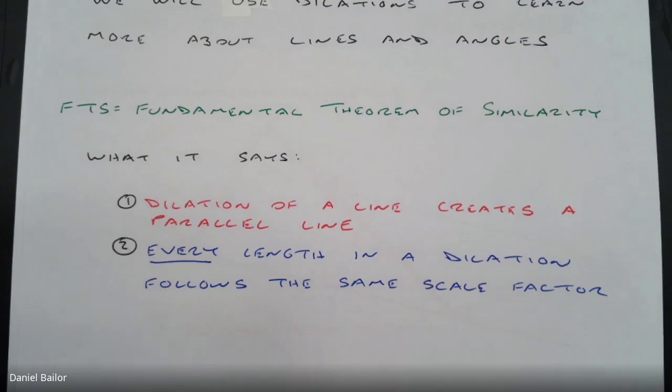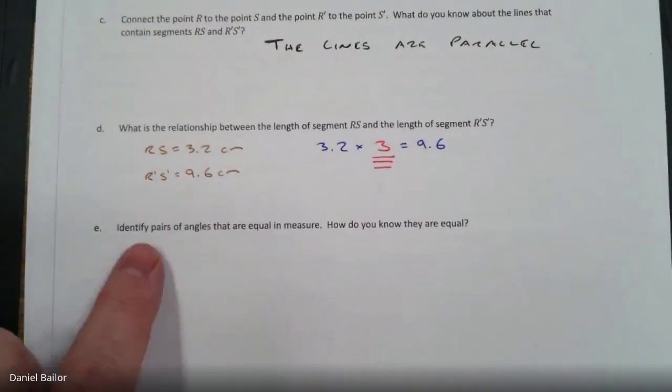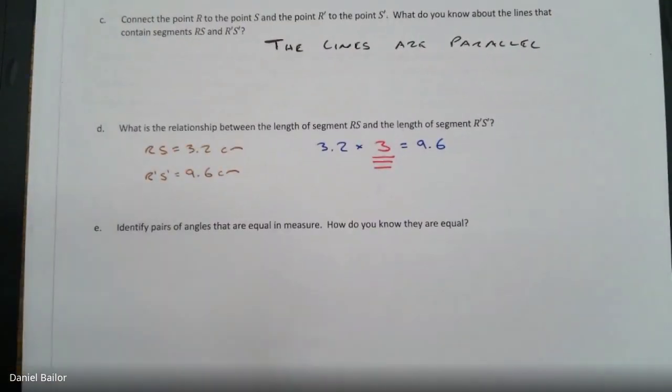Now you might be saying, why do mathematicians do this? Why would they know this? The answer is it helps them find missing information. Let's go back to page 38 and look at the next part of the question, where it says, identify pairs of angles that are equal in measure.